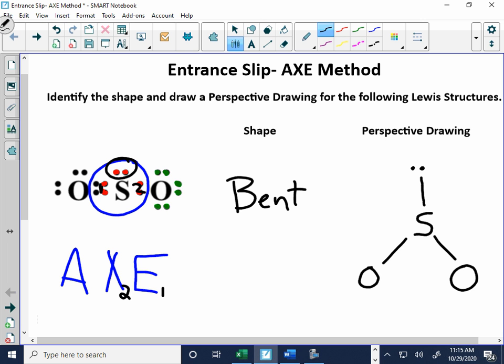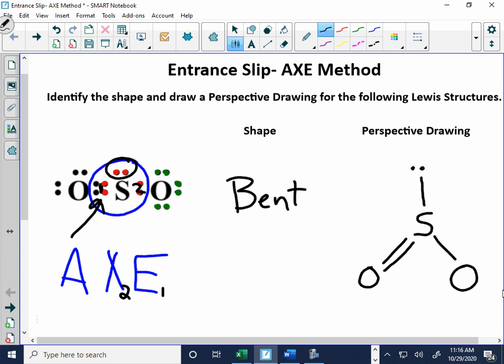Now, I'm going to say that a lot of you folks wrote it like this. This is why people missed it. Even though this guy right here is 1 domain, it's still a double bond. So we have to signify that that is a double bond. A lot of people didn't have that in my first period.